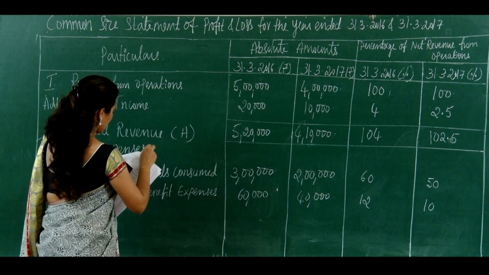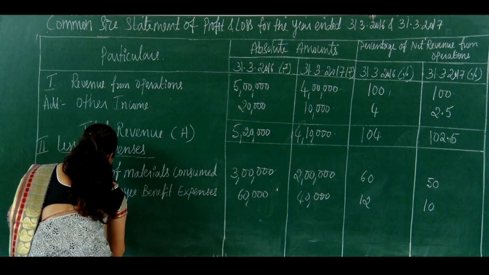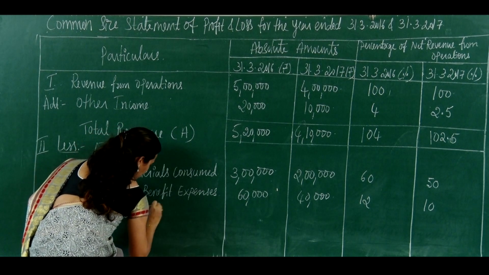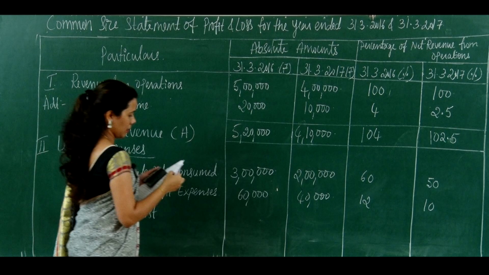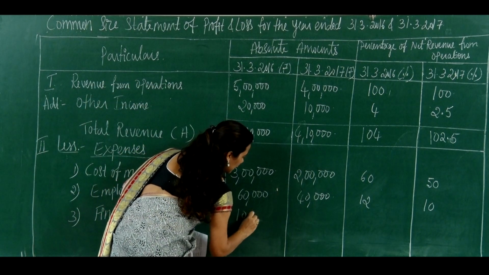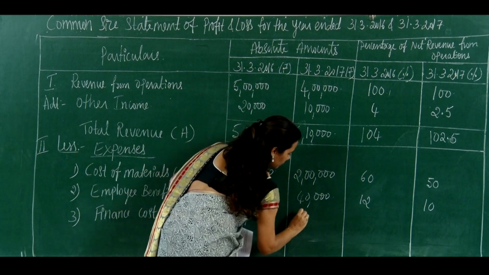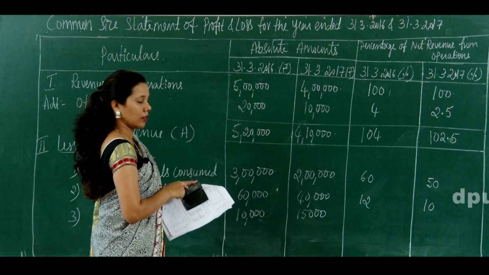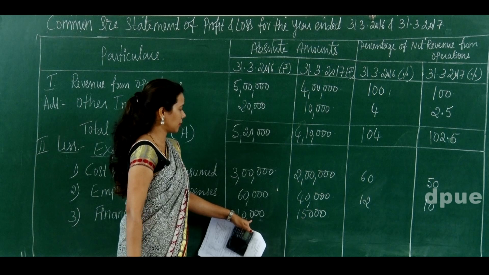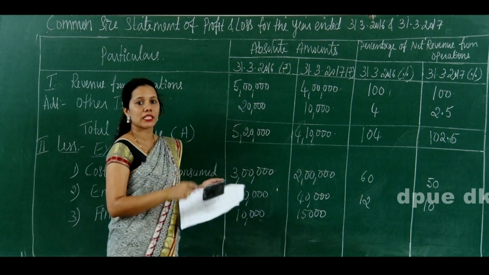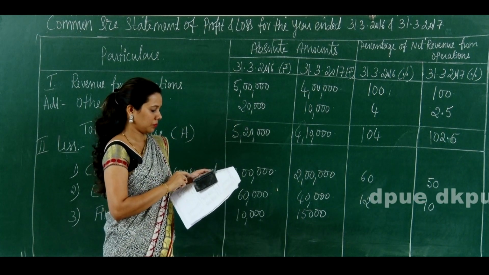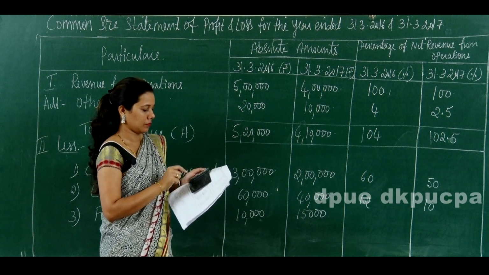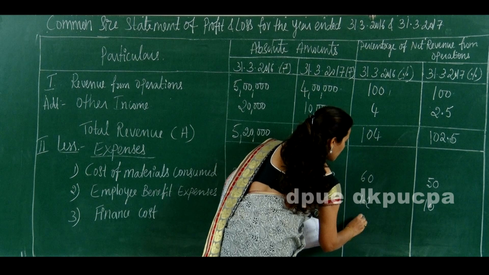The third expense, finance cost, 10,000 and 15,000. Convert into percentage, 10,000 divided by 5 lakhs into 100. So, 2%.